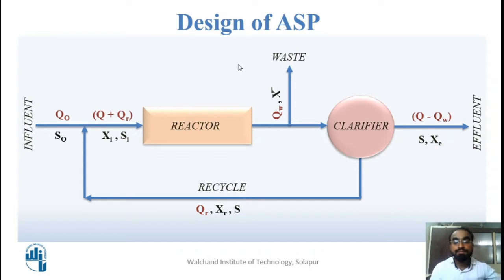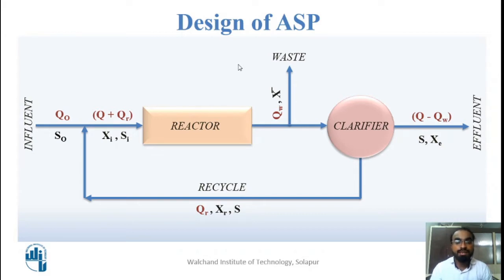and its MLSS concentration will be X bar. Now in the clarifier, whatever sludge has to be settled down will be easily settled, and a part of the return sludge will be taken into the influent.